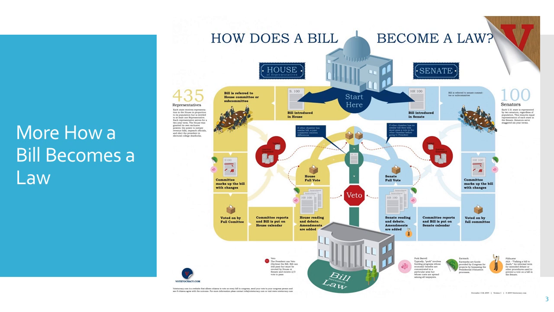So, as you can see, there's more ways for a bill not to become a law than there are for a bill to become a law. It's pretty difficult to make laws in this country, and that's by design. The founders did not want tyranny, so they made our government very slow.